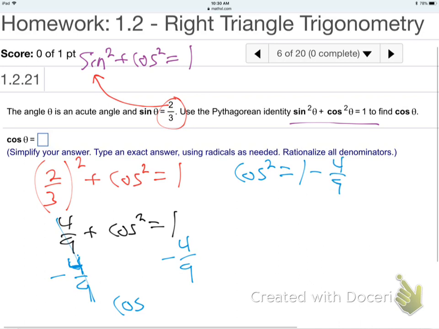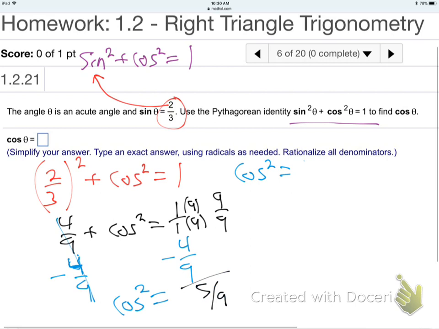Now, how do you do 1 minus 4/9? Make that 1 into 1 over 1. Multiply top and bottom by 9. It's 9 over 9 minus 4/9. It's 5/9.